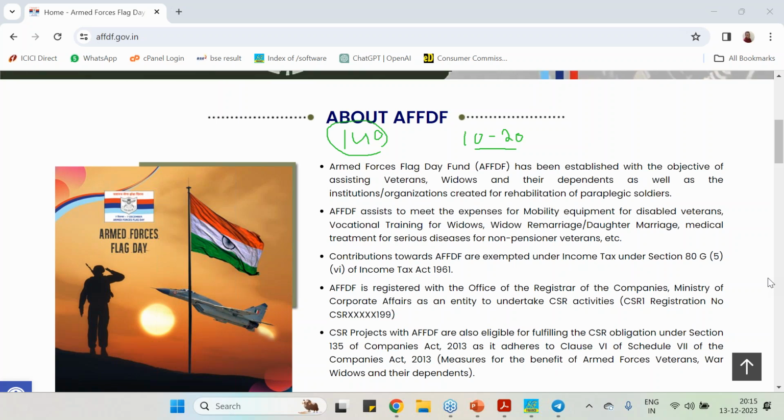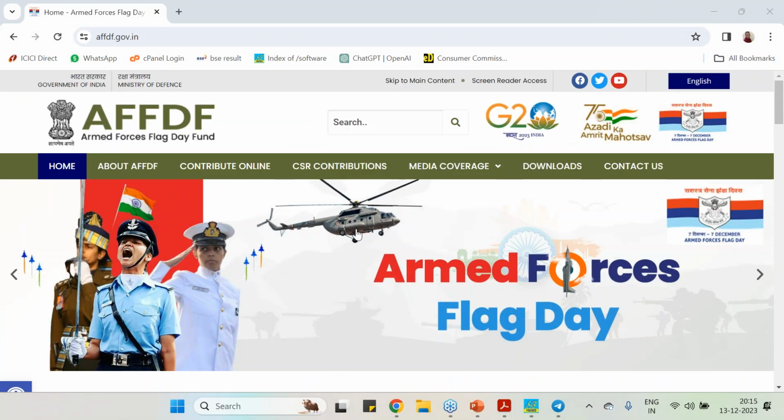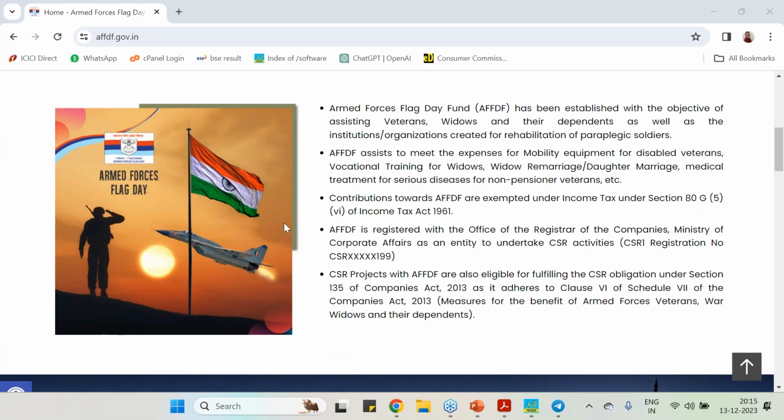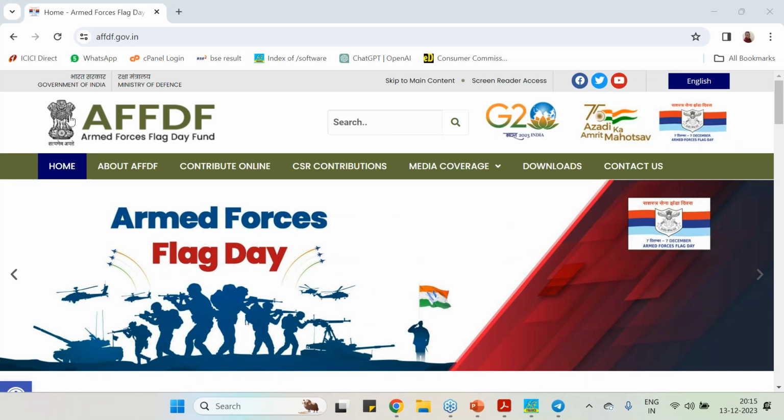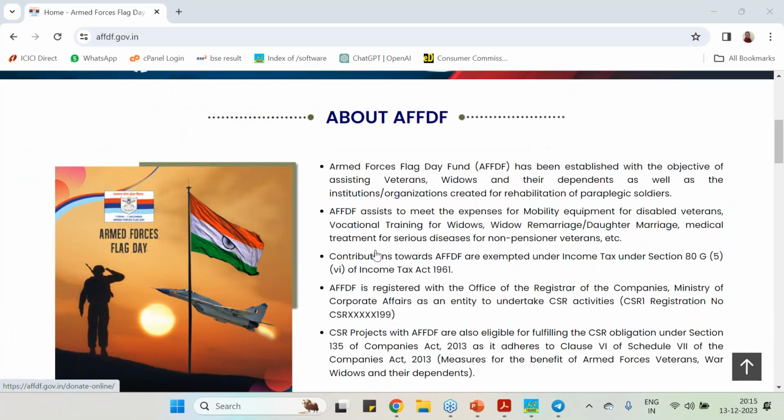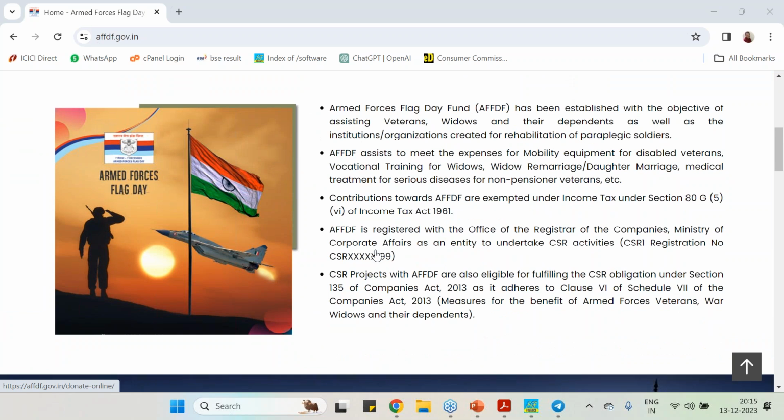There is a structure the government has created, not any trust, not a private person. It is created by the Government of India, the Ministry of Defence, the most non-corrupt organization. They are telling us, please help us so that we can help them.